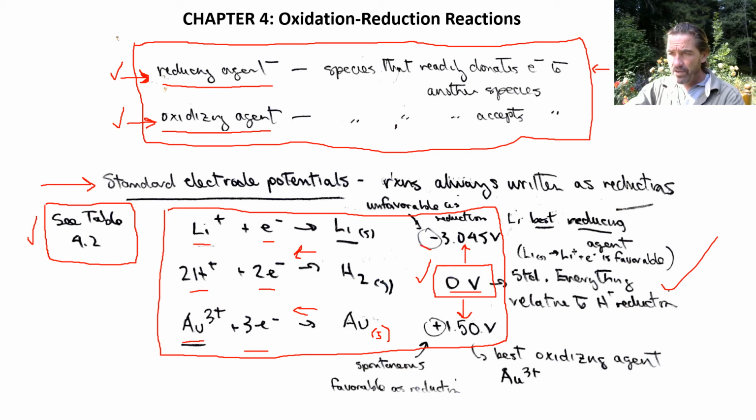If the voltage is negative, that is unfavorable as written. We could see that if we flip the reaction here, it would be favorable, because when you flip the equation, you change the sign. So this reaction here would have a positive 3.045.